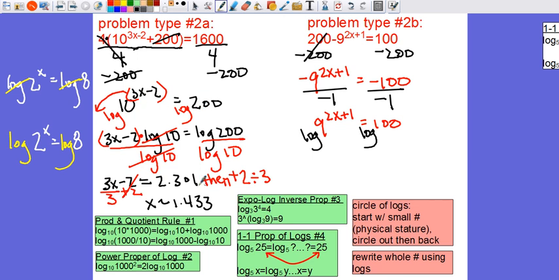The reds here should have been black, and the black here should have been red. I'm going to do it properly here. This exponent gets moved over, so as of right now, I get (2x+1) log of 9 equals log of 100.